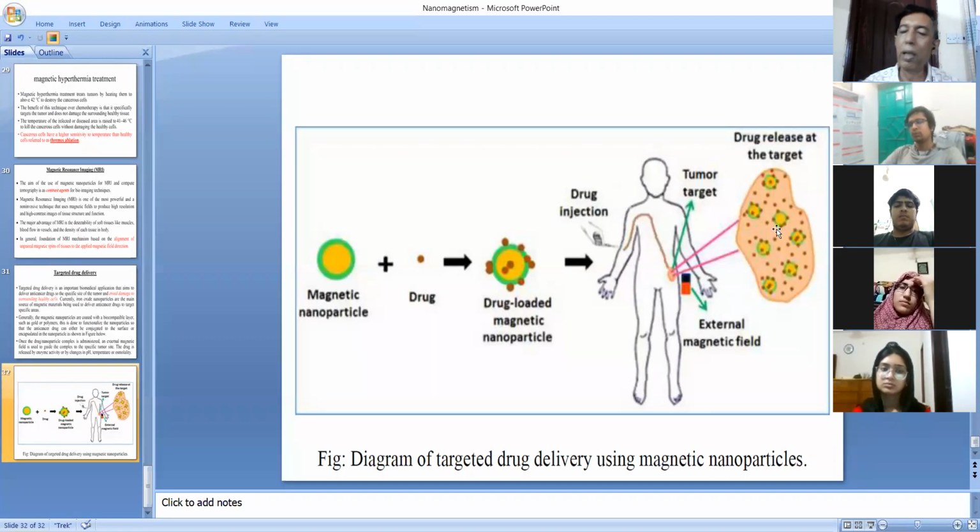But this nanoparticle will enter only the infected cell, not the healthy cells, and it can enter inside that. So you will be cured more efficiently than with the bulk material. This is the drug delivery system of nanomaterial.